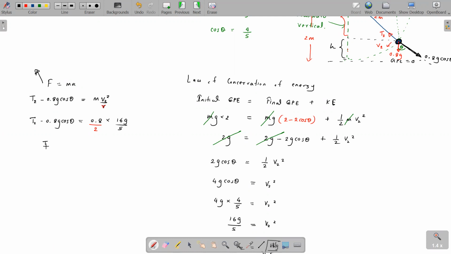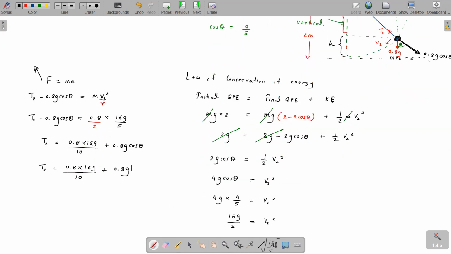All right, so T2 equals 0.8 into 16g over 2 times 5, plus 0.8g cos theta, where cos theta is 4/5. So give the whole thing in the calculator. g is 9.8, right?